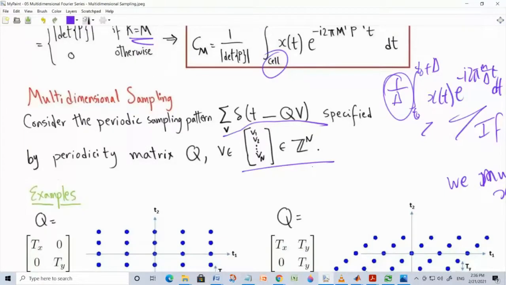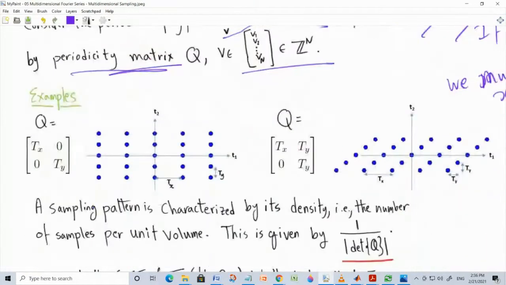You want Q to be an invertible matrix. Since it's a periodicity matrix by definition, it must be invertible. So how do we sample multidimensional signals? The easiest type of sampling is rectangular sampling, which is like this.